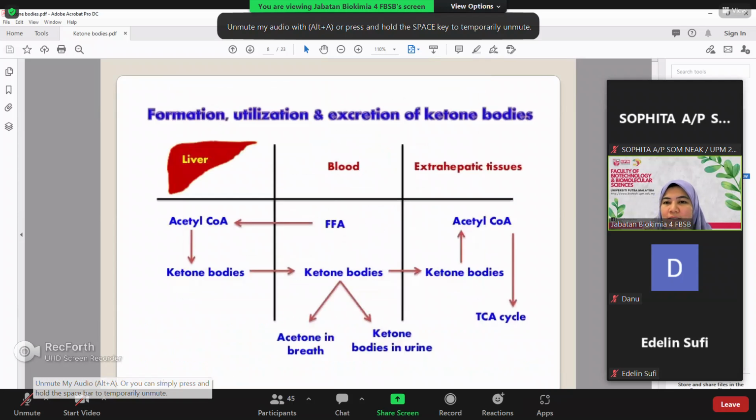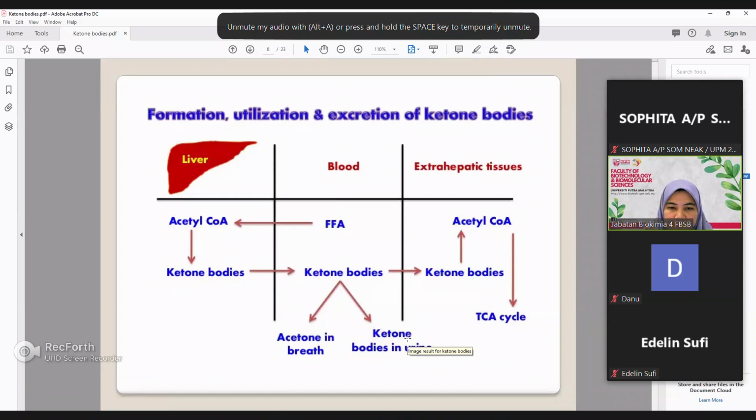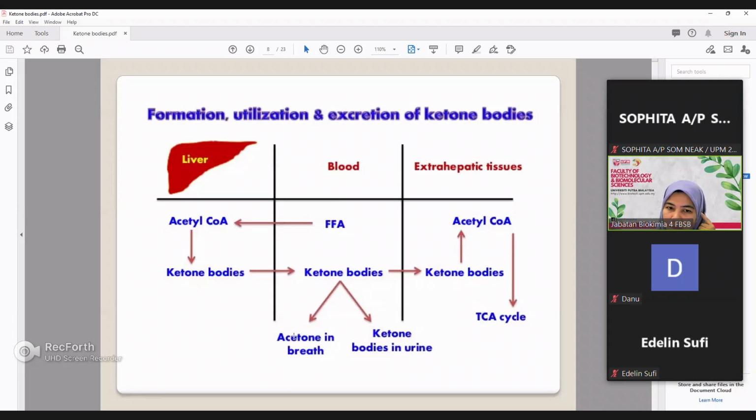No. Okay, so this is the diagram that shows the formation, utilization, and excretion of ketone bodies, the flow of the formation of ketone bodies to the utilization of ketone bodies by the tissues.